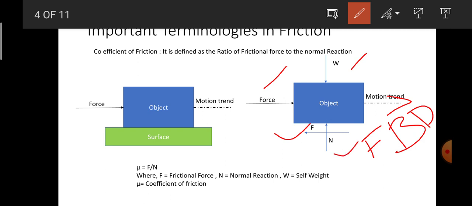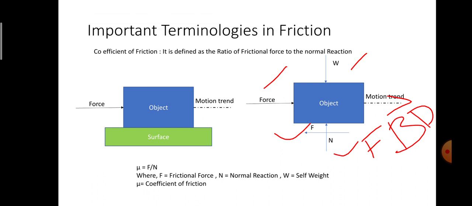The normal reaction is the force created perpendicular to the contact surface. Coefficient of friction is defined as the ratio of frictional force to the normal reaction.